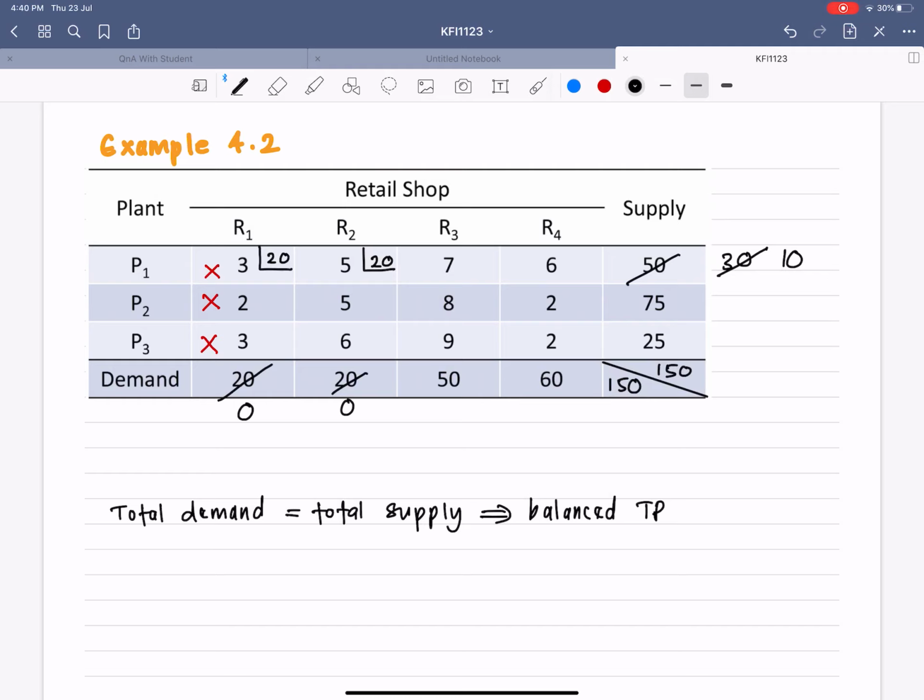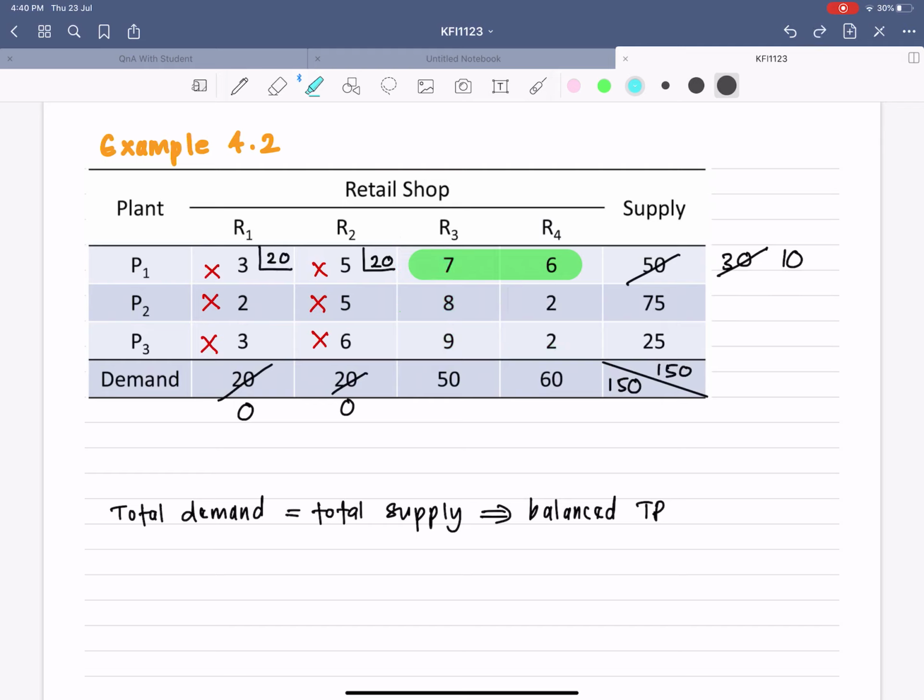Since the value of the demand is 0 in the second column, we will cancel out the second column, this one. So the remaining cells now are this one. Only 6 cells left. So which one is the northwest corner? This one.